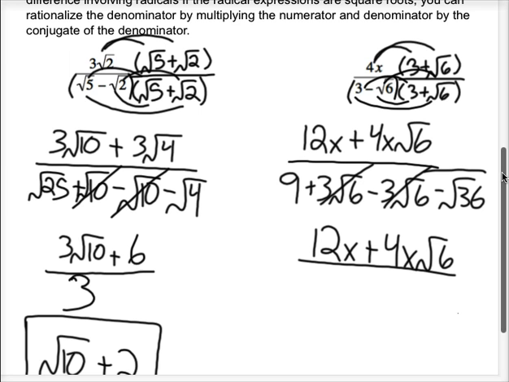On the bottom, those insides cancel, so we're left with 9 minus the square root of 36. Well, the square root of 36 we more commonly know as 6. So what is that denominator? Well, 9 minus 6, I can just call that 3.